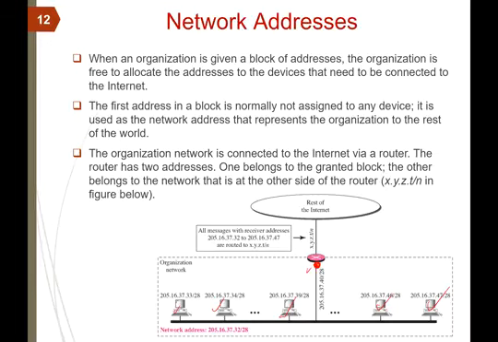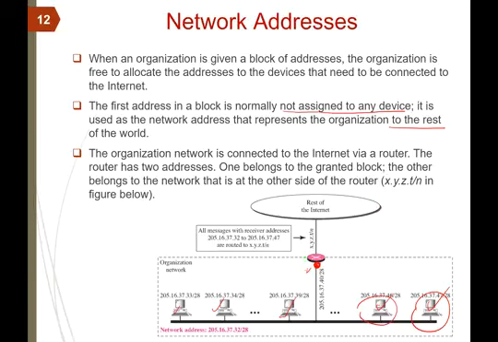The first address in the block is normally not assigned to any device. It is used as the network address that represents the organization to the rest of the world. So anyone outside of your network will see you as the first address in this block.